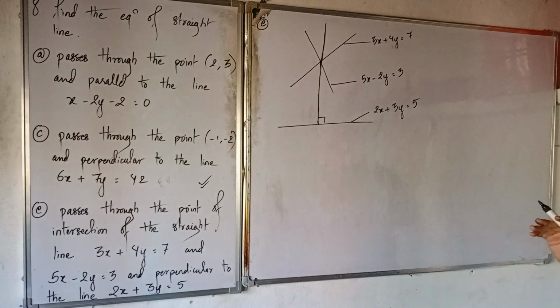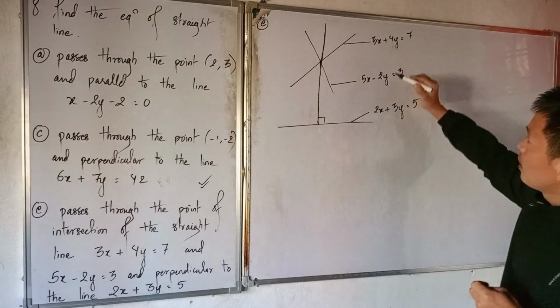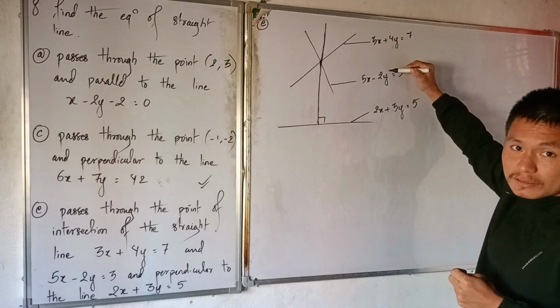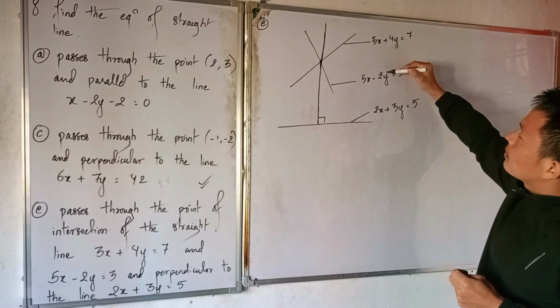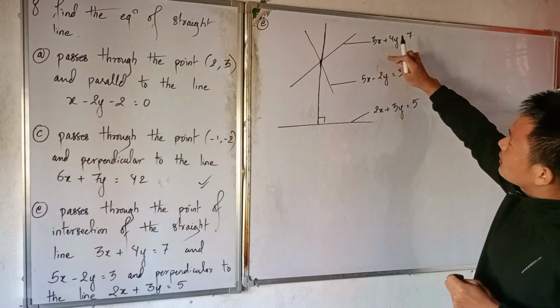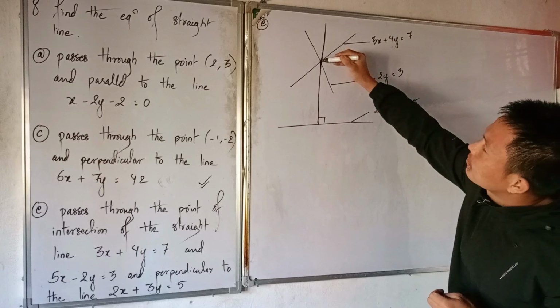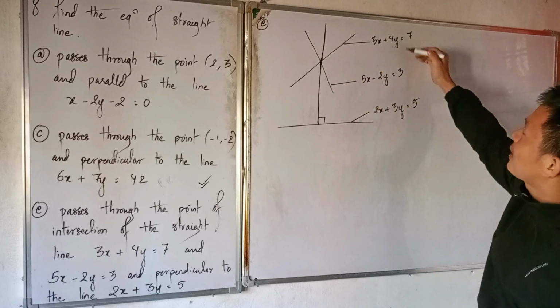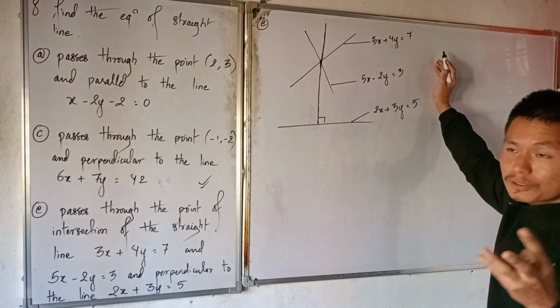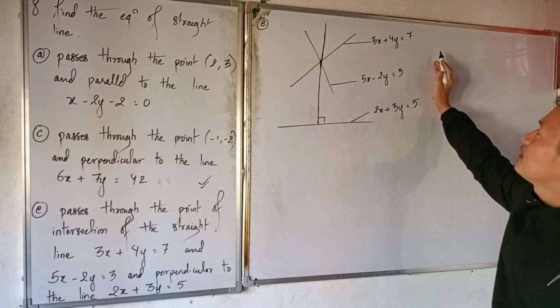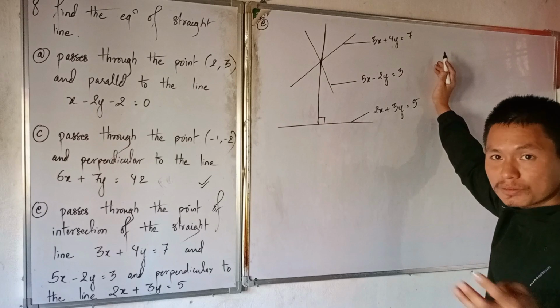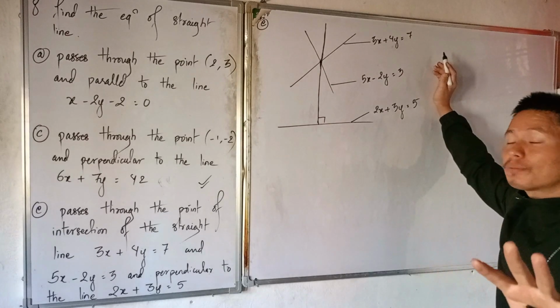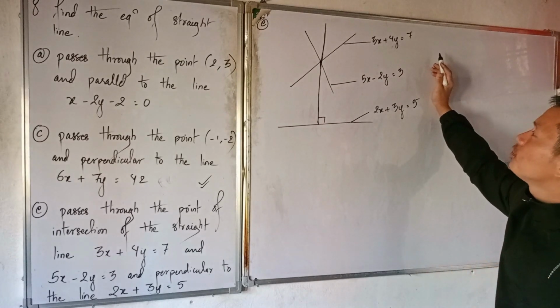So in this case the idea is first solve these two equations, and after solving you will get the point. You know how to solve simultaneous equations, either by the elimination method or by the substitution method. I would prefer the substitution method, that will be more useful.